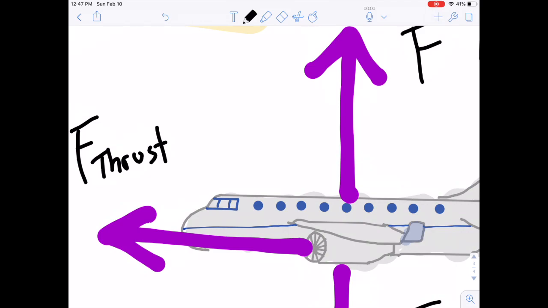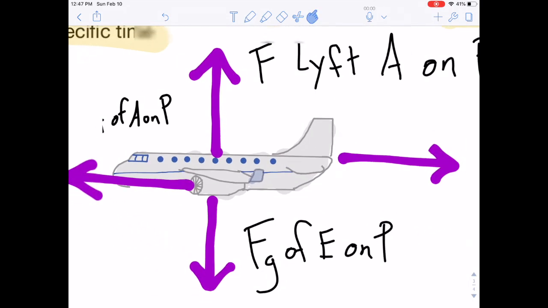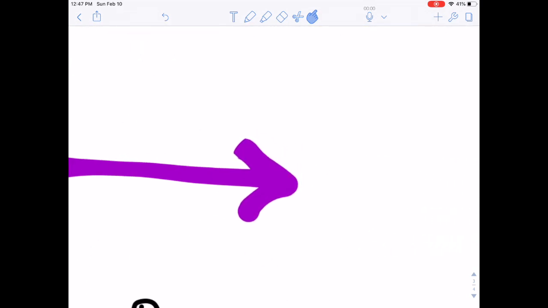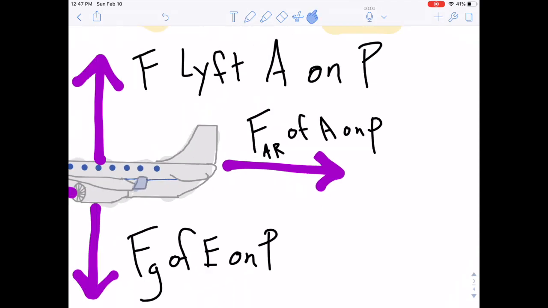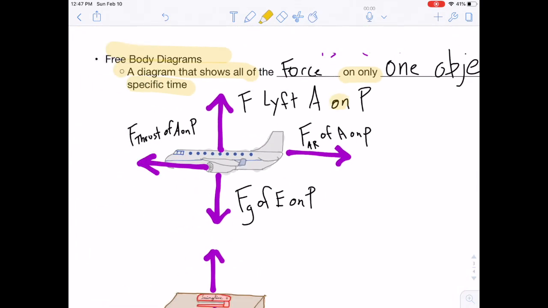So that's the force of thrust of the air on the plane. And then in the reverse direction, we have air resistance. So this is the force of air resistance, AR, of the air on the plane. So all of these are on this one object. We're always talking about the forces on the object.